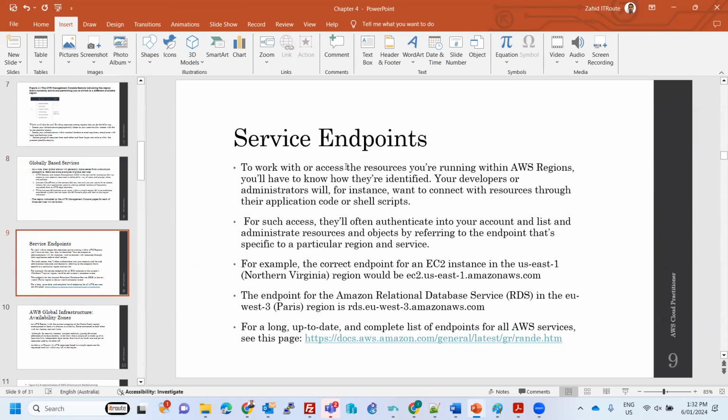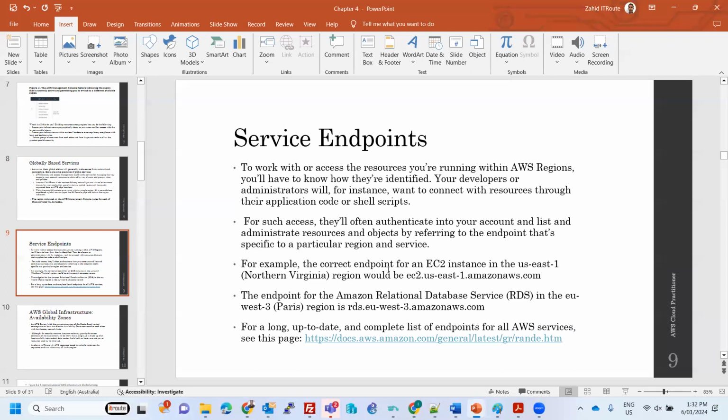Now, service endpoints. To work with or access the resources you're running within AWS regions, you will have to know how they are identified. Your developers and administrators will, for instance, want to interact with resources through their application code or shell script. For each access, they will often authenticate into your account and list and administrate resources and objects by referring to the endpoint that's specific to a particular region and service.